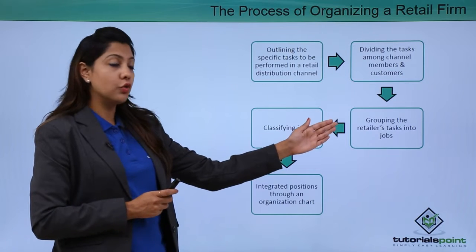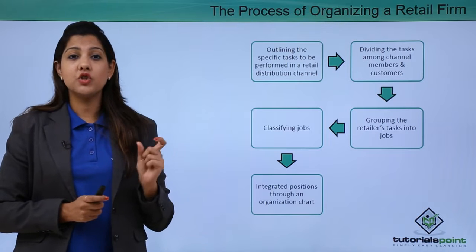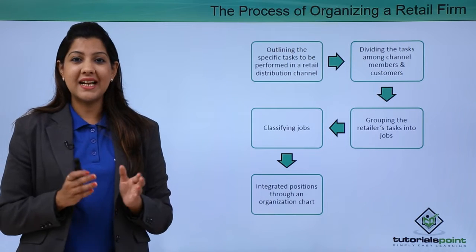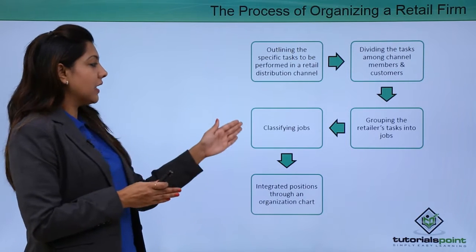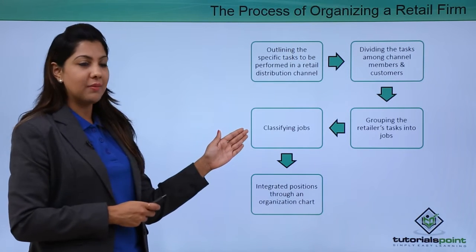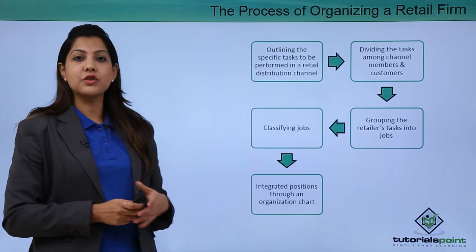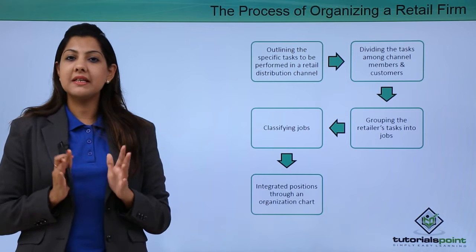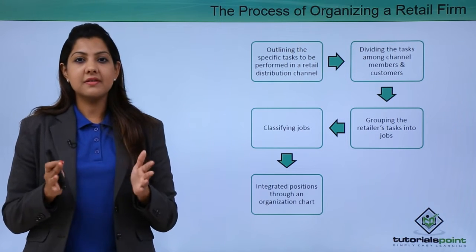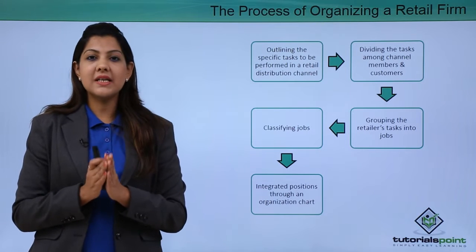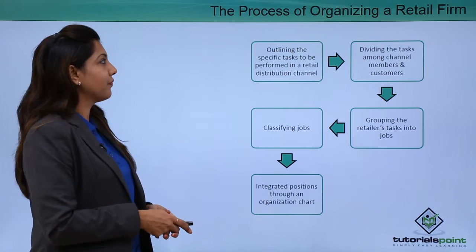You also have to group the retailer's tasks into jobs. So there has to be a JD for a particular role. So what exactly is going to be your role and responsibility or your job description? Classifying the jobs according to the requirement and the need. Integrate the positions through an organization chart. So everyone who works in a retail organization or a retail outlet, the labor, that is the staff member, needs to know what is their role and responsibility, and that has to be very clear cut.